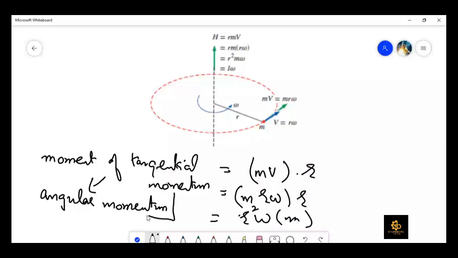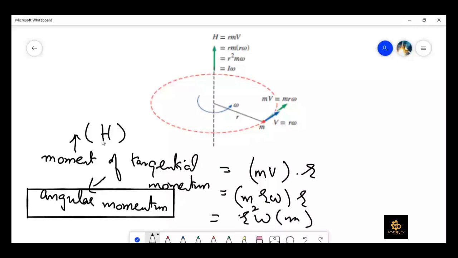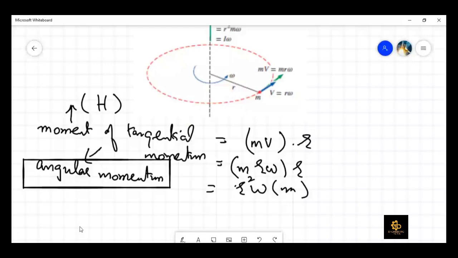Momentum, and this momentum is called angular momentum in this case, and in the book they have shown it by a symbol h, right? So again, if we are talking about a point and then we want to calculate the angular momentum of the entire rigid body, then we need to integrate it over the entire mass.